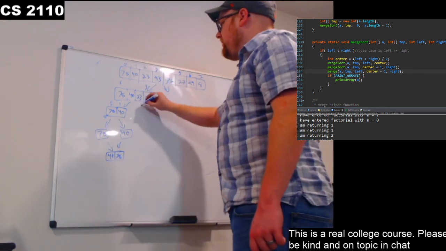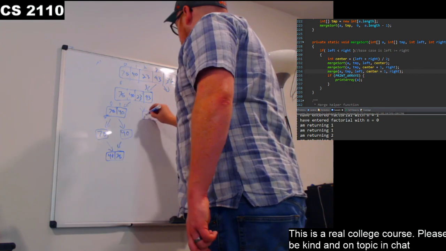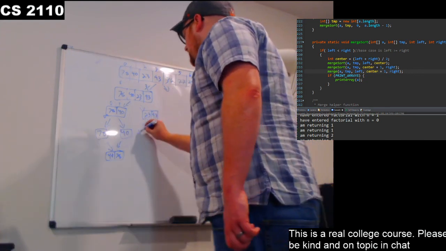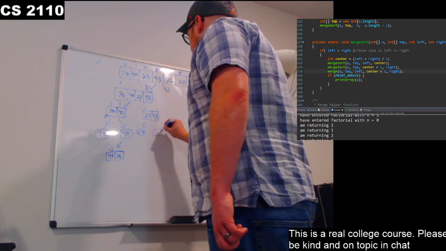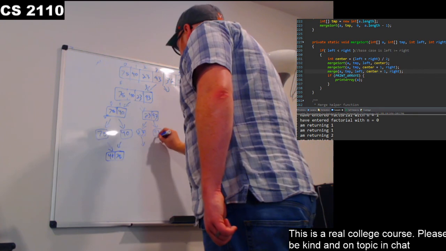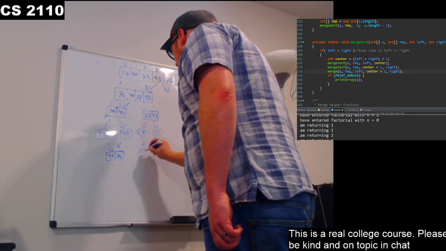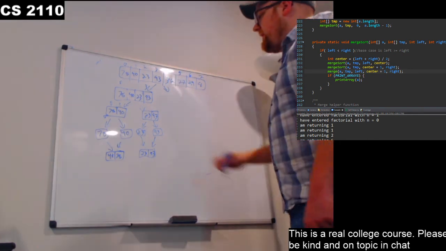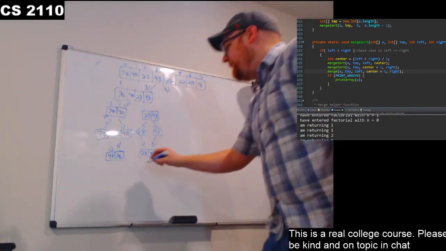Now, I need to sort the right half. 23, 93, which means it's 23 and 93. I merge these two. 23 is smaller, it goes first, then 93. Now I need to merge these two halves.